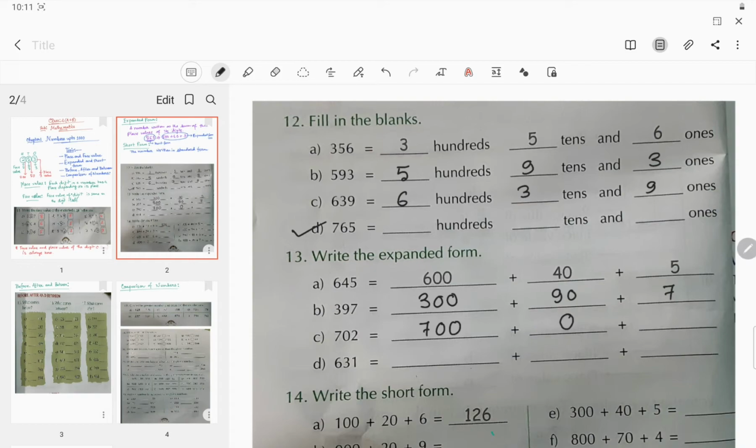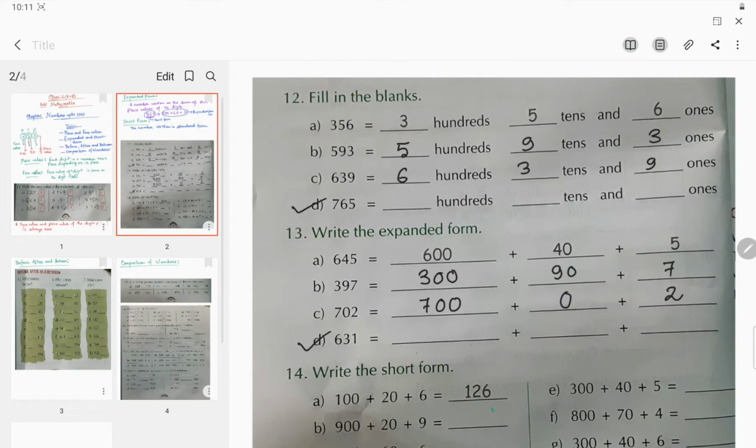So since the digit is 0, you have to write here only 0. You can write 00, it means a single 0. So you can write 00 or a single 0, whatever you wish. Now the last one, it will be 2. Similarly, question number D, you have to solve by yourself.